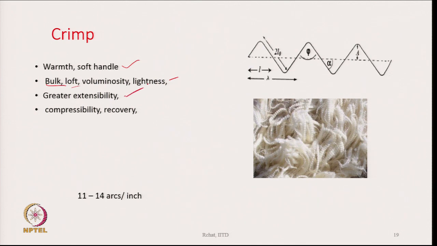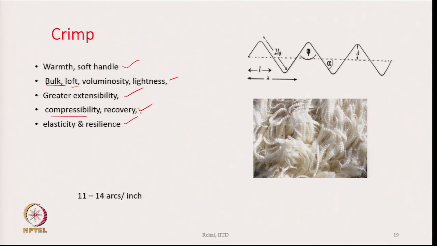It will also improve extensibility, and the whole bunch of fibers, or the bulk, is going to be very compressible. So, compressibility and recovery property are going to be better if we have crimp in the fibers. Like in carpets, we know that compressibility and recovery are important there.